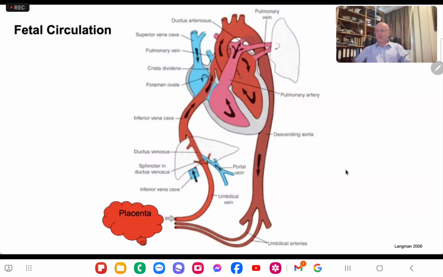As the fetus grows, the interatrial septum forms, and it forms by growing from either side, crossing over, and then sticking down to form a wall. That's how the interatrial septum forms, by growing like this, crossing over, and sticking down.